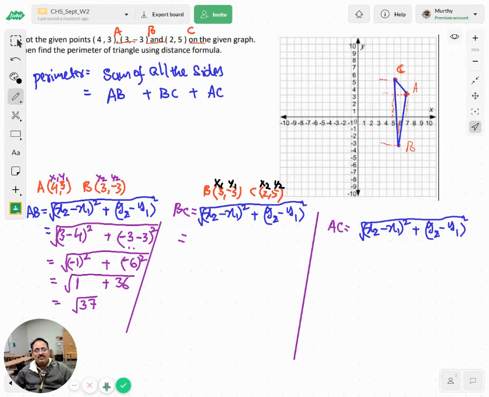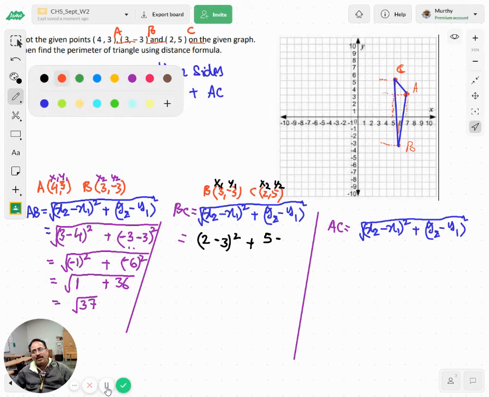Therefore, let me plug in these values. So x2 subtract x1, so that gives me 2 subtract 3 whole square plus y2 is 5 subtract y1 is negative 3.